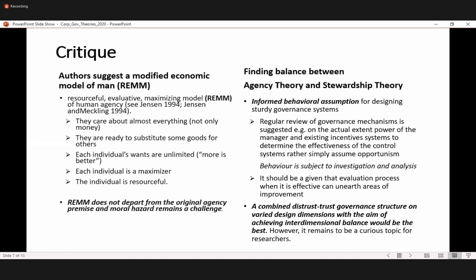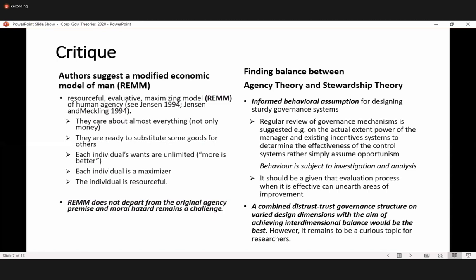To review that every now and then, to audit it, and also to review existing incentive systems to determine the effectiveness of the control system, rather than simply assuming the opportunistic position of the agent. So behavior is subject to investigation and analysis, not an outright conclusion that the agent cannot be trusted and therefore we need to do all these.